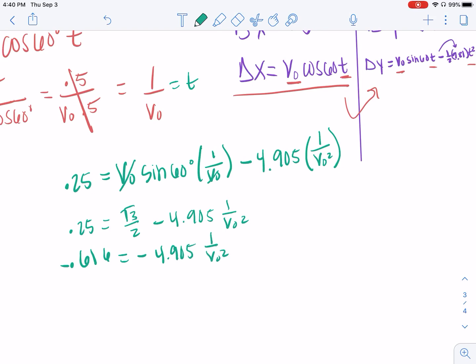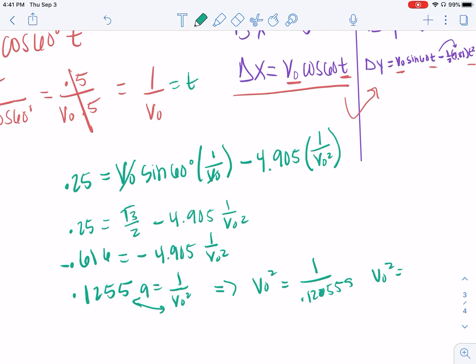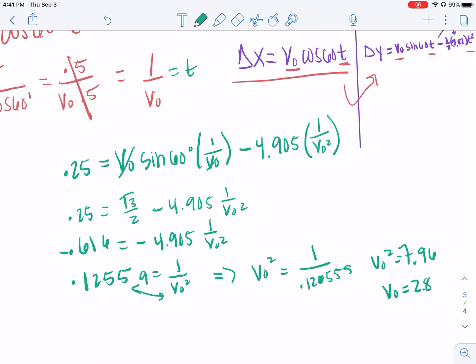So I'm going to divide by that negative 4.905. And there we have it. V naught is equal to 2.82 meters per second.